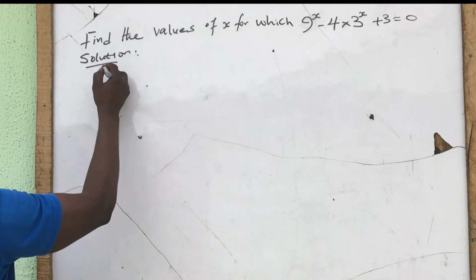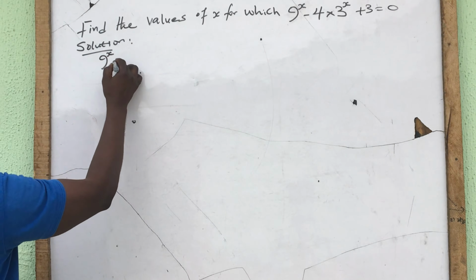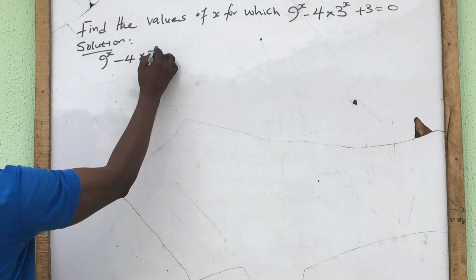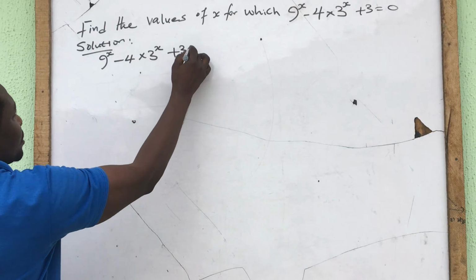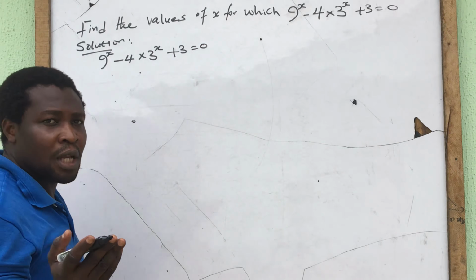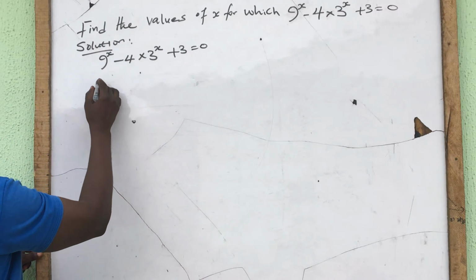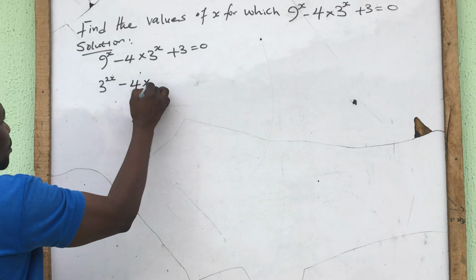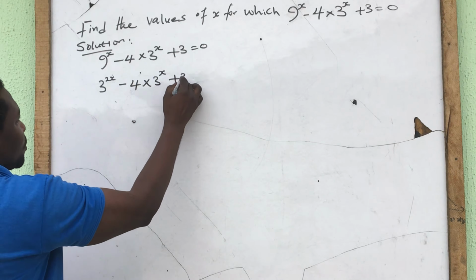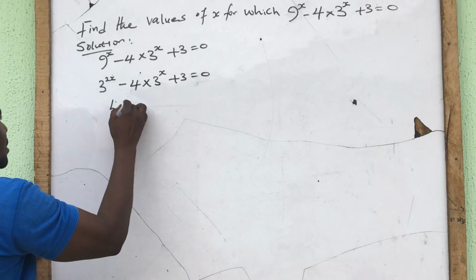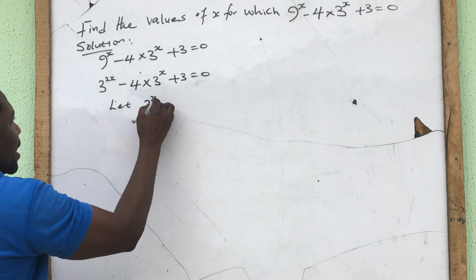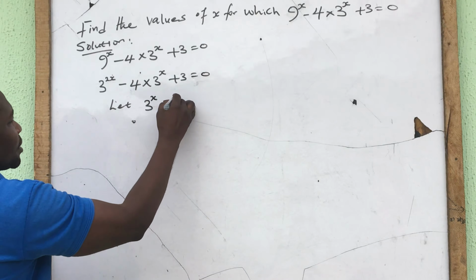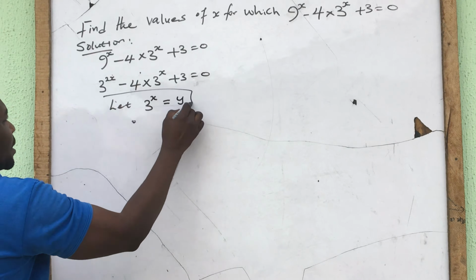Look at it: 9 raised to power x minus 4 times 3 raised to power x plus 3 equals 0. To solve this type of problem, we look at it that this is 3 raised to power 2x minus 4 times 3 raised to power x plus 3 equals 0. So let 3 raised to power x equal y.